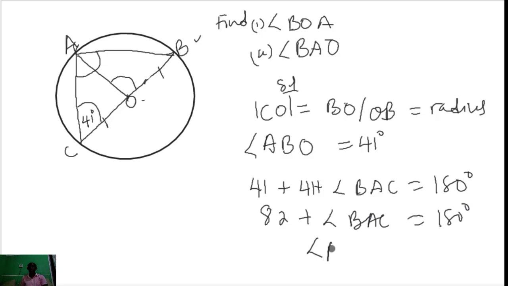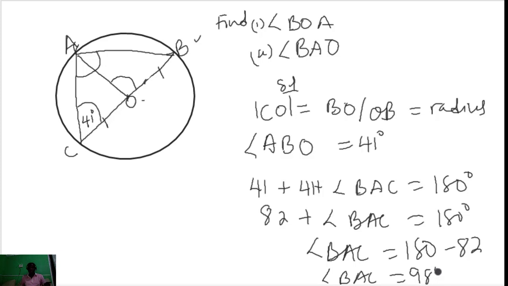So angle BAC is equal to 180 minus 82, which will give us 98 degrees. Good.